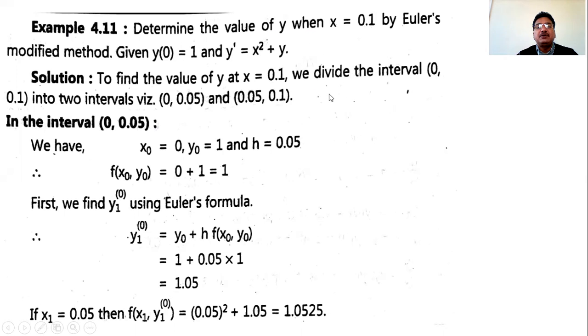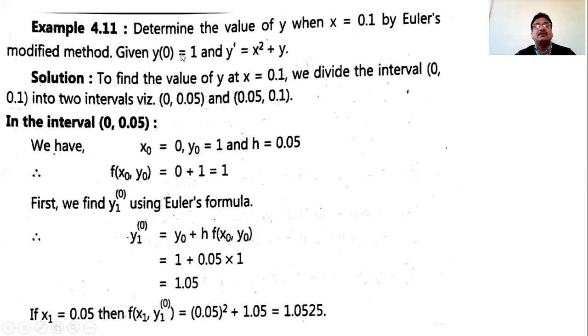We are given the value of y at 0, and we have to find the value of y at 0.1, by dividing the interval or without dividing it. Here we divide the interval.